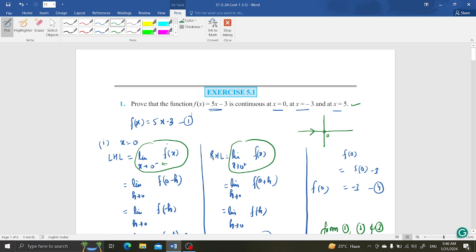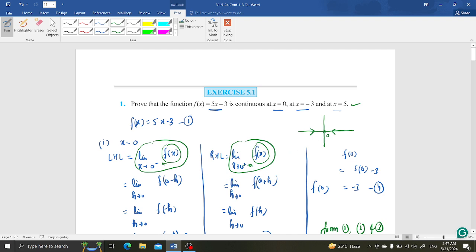Then our task is to observe where f(x) moves. If we are evaluating RHL, it means when x moves towards 0 from the right hand side; this positive shows that we are moving towards 0 from the right hand side, and our task again is to check where f(x) moves.